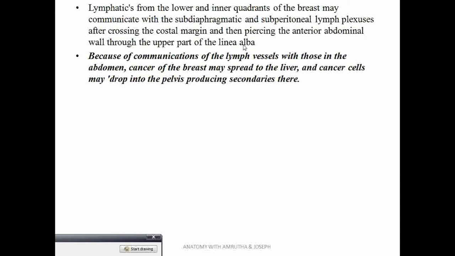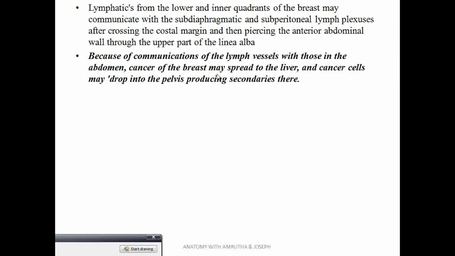So it's a communication that can be seen between the lymphatics draining the breast and some lymph nodes which are even seen in the abdomen. Because of the communication of lymph vessels with those in the abdomen, cancer of the breast may spread to the liver, and cancer cells may drop into the pelvis producing secondaries there.